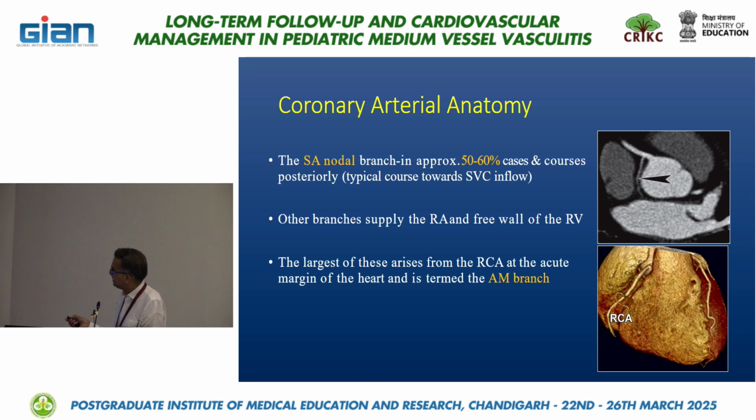The course is identified as the conal branch going anteriorly, and the nodal branch going posteriorly to the SVC inflow region. Then the easily identifiable branches are the acute marginal branches, which are on the acute margin of the heart, before the distal RCA bifurcates into the posterior descending and posterior circumflex arteries.